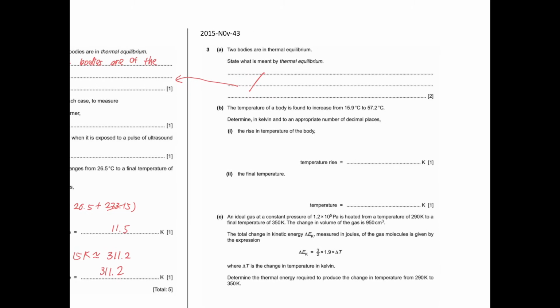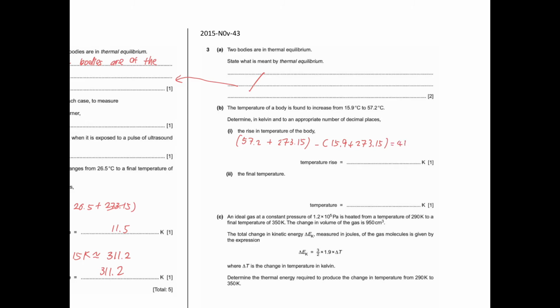The temperature of a body is found to increase from 15.9 to 57.2. Determine in Kelvin and to an appropriate number of decimal places the rise in temperature. So same, right? 57.2 plus 273.15 minus 15.9 plus 273.15.